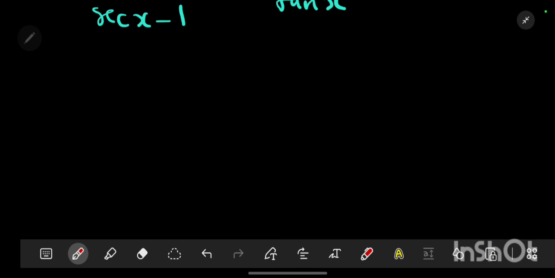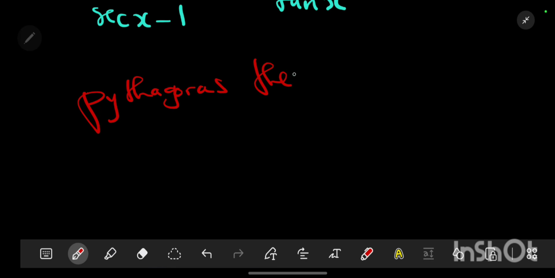Under trigonometric identities, one thing that you need to know is that these are derived from the Pythagoras theorem, meaning this one involves numbers that are squares. For example, you will find that 5 squared is equal to 3 squared plus 4 squared, according to the Pythagoras theorem.